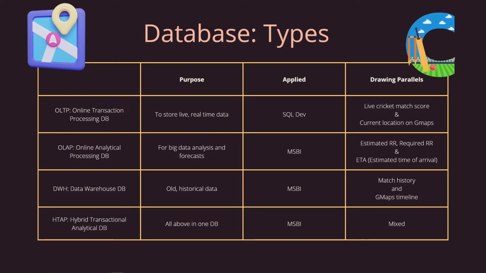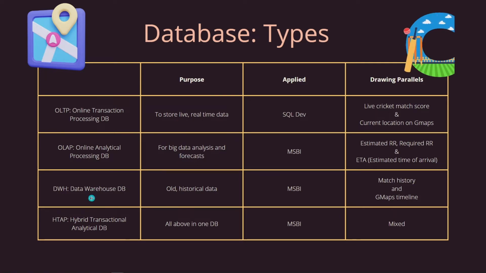Okay, so these type of analysis and forecasts are implemented using an OLAP database. Coming to the example of Google Maps, the estimated time of arrival that you see on the maps is making use of OLAP.